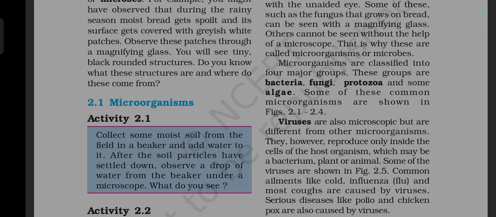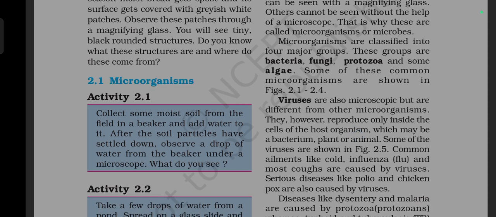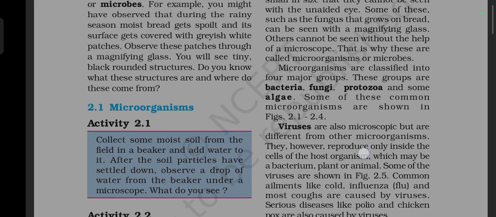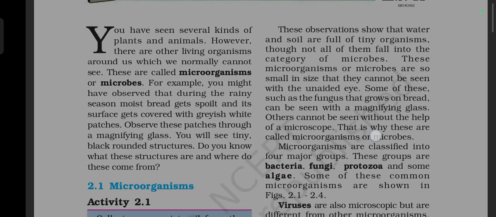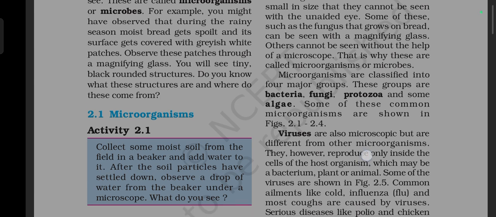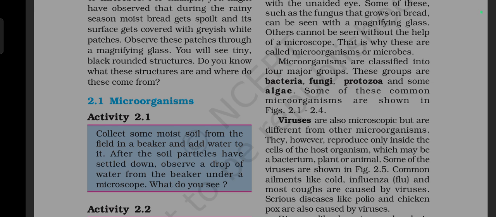Viruses are also microscopic but are different from other microorganisms. They, however, reproduce only inside the cells of the host organism, which may be a bacterium, plant, or animal. Like, we are talking about microorganisms. So bacteria, fungi, protozoa and algae, basically four groups are here.